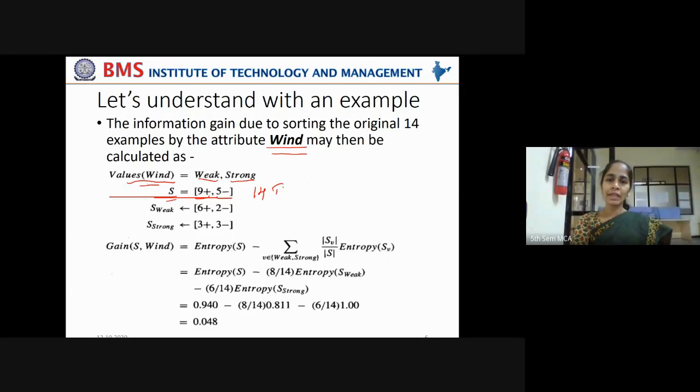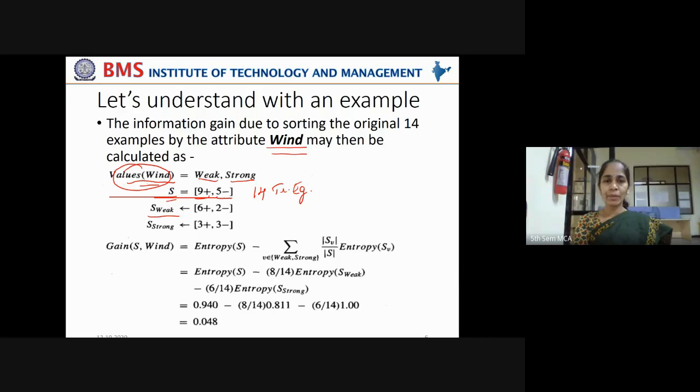Right? There are 14 training examples. Out of those training examples, 9 are having positive label and 5 are having negative label. Okay, till here it is clear. Now, take the training examples where the wind value is weak, because you are calculating the information gain for wind.